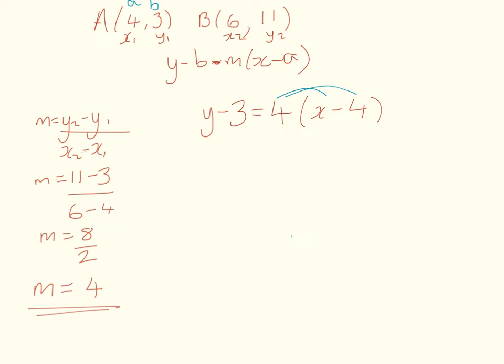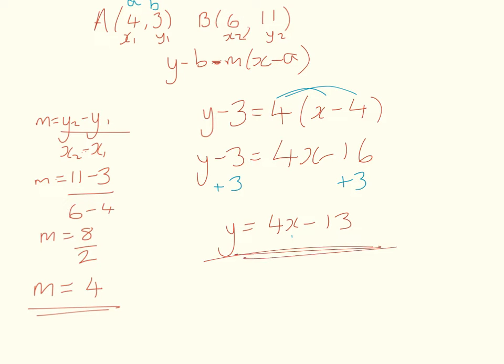Multiply out the bracket, so y minus 3 equals 4x minus 16. I want to have my equation in the form y equals mx plus c, so I want y by itself on the left. So I want to get rid of this minus 3, so I'm going to add it to both sides. I'm going to have y equals 4x minus 13.